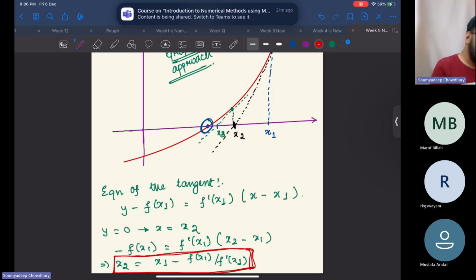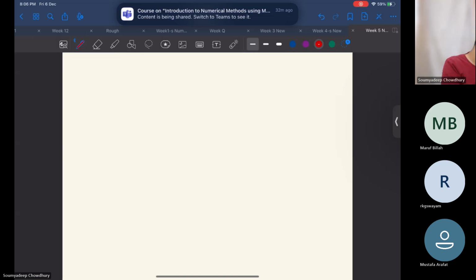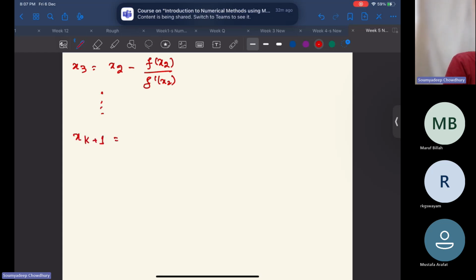This is for the first tangent, right? Similarly, if you repeat the same thing for the next tangent, you will get x3 equals x2 minus f of x2 by f dash x2. So like this, you can find a generalized formula: xk plus 1 equals xk minus f of xk by f dash of xk.